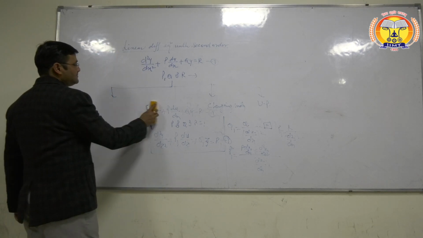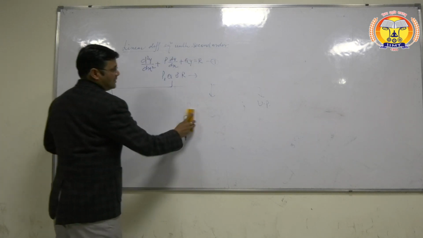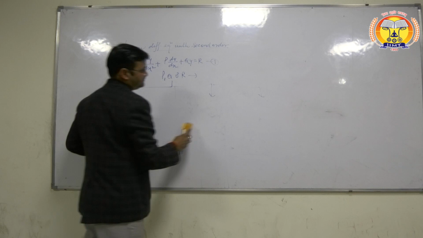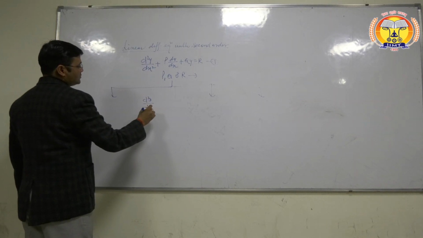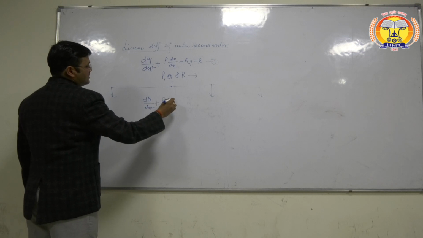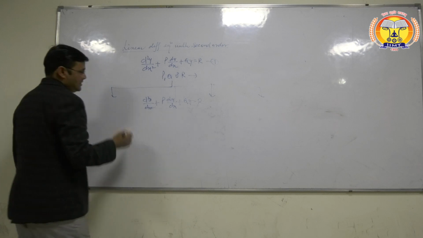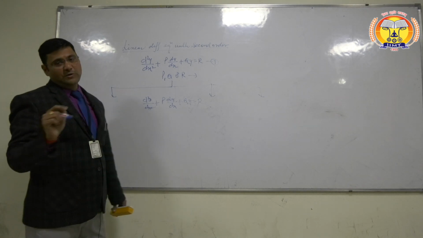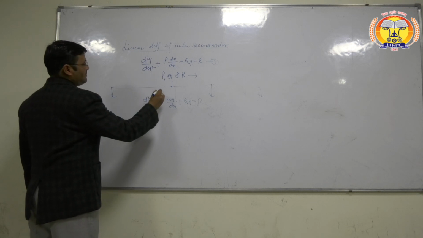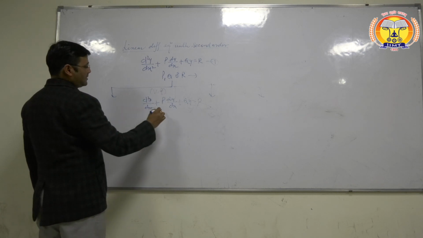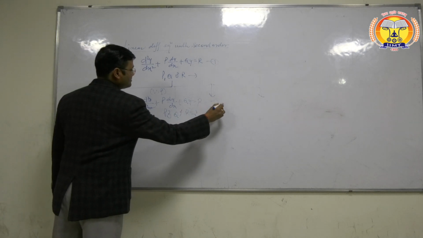And the last condition, variation of parameters, is an important part of second order differential equations: d²y/dx² + p dy/dx + qy = r. This is the fourth method to solve the linear differential equation of second order. Again we compare p, q and r with equation number 1.